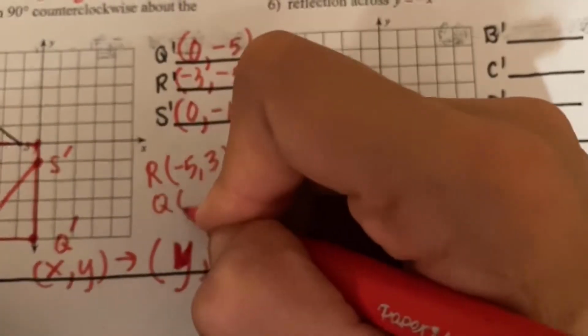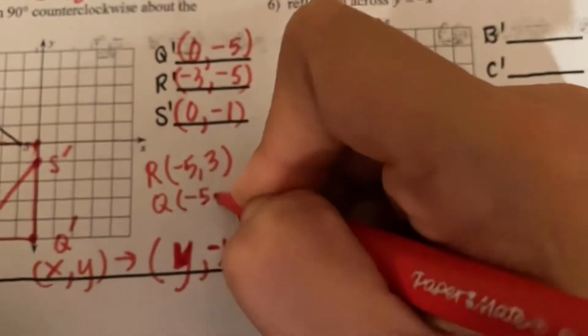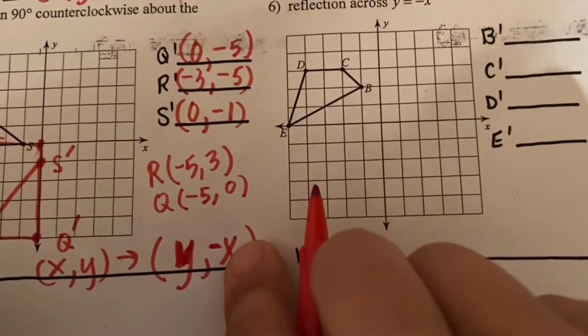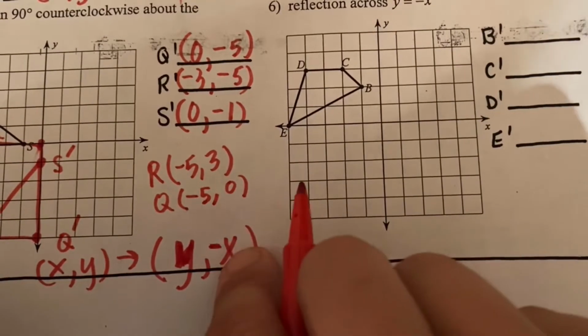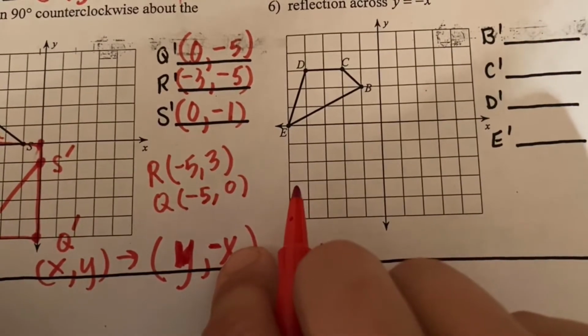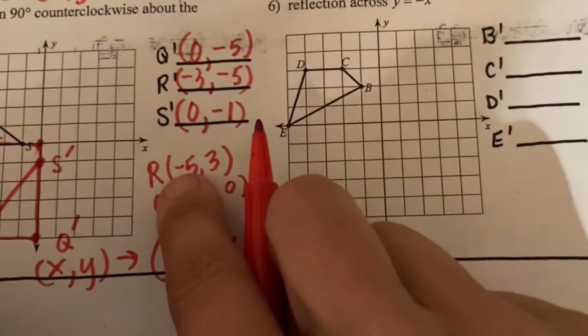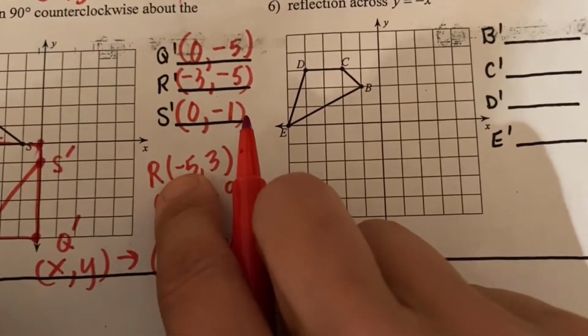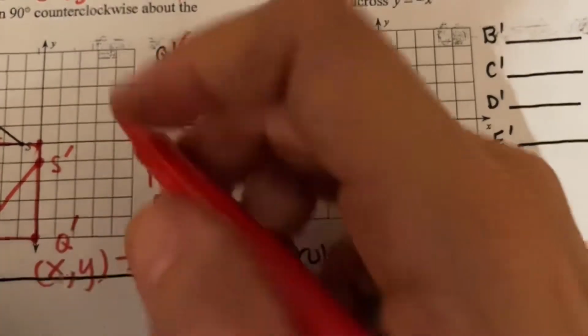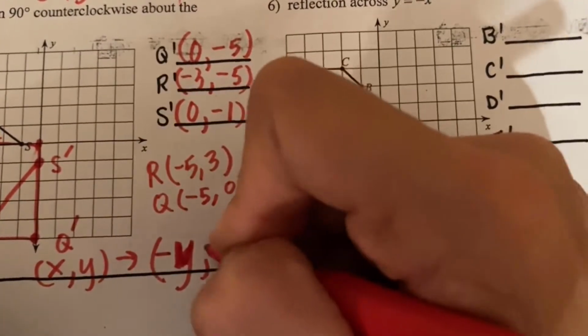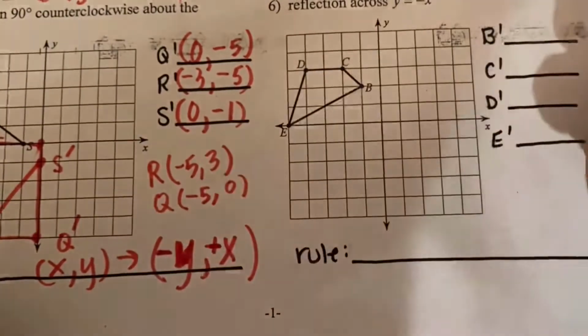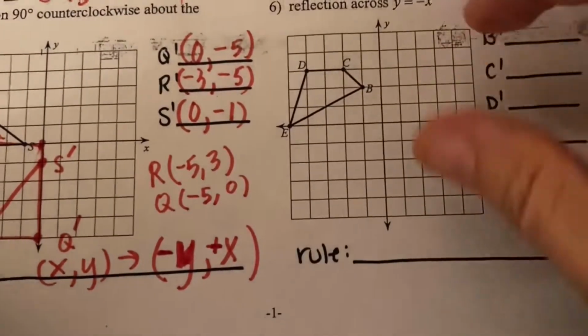Yep, so Q before was -5, 0, and these merely swapped spots. That didn't change signs though. So let's look at this again. When R swaps, oh wait, X didn't change. It's the Y part. Yep, this one didn't change, and this one changes. Okay.